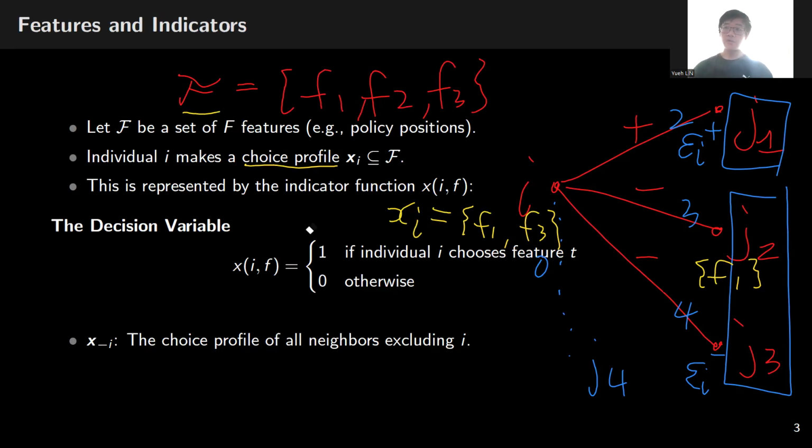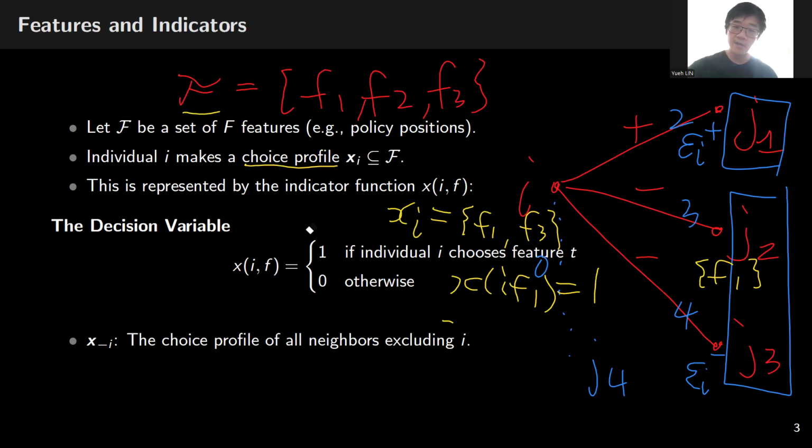Since later we are going to use the integer programming approach to solve these problems, it will be useful for us to introduce binary notation. So we introduce it this way. Let's say we look at individual I with respect to feature F1. This feature has been chosen by individual I, so we note it as a 1.